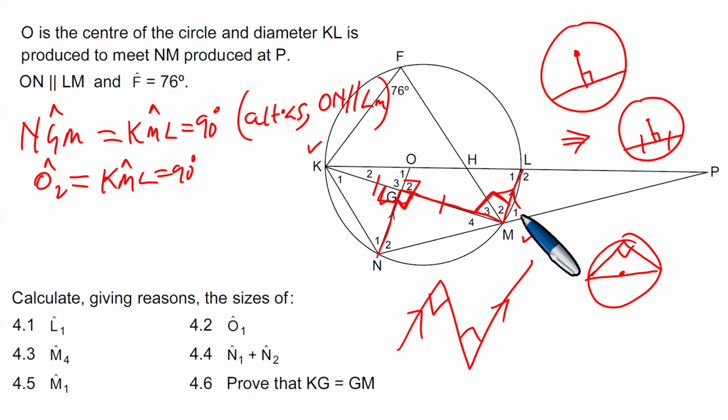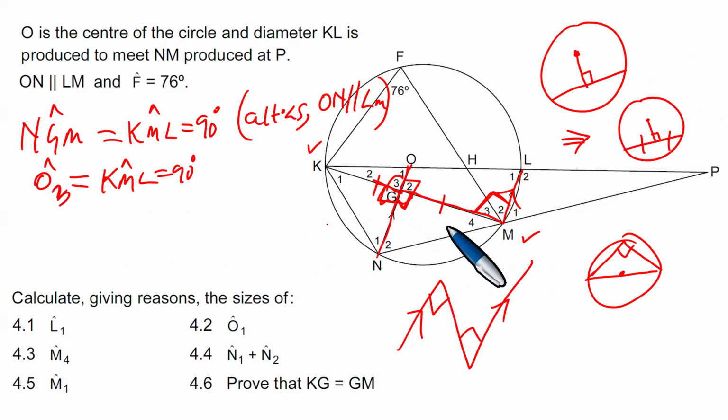Why is O2 equal to this? Or you can take O3. It's better to take O3 because this is a straight line, and you have this. So you can take O3.